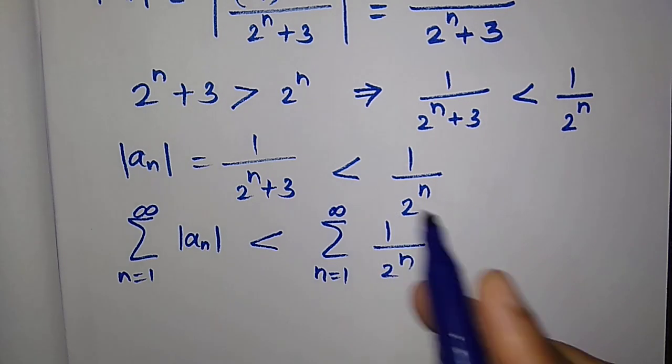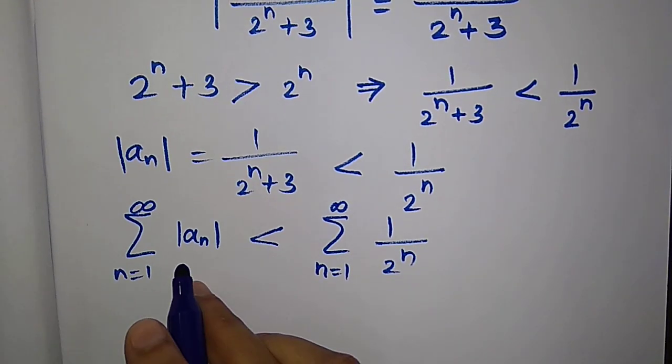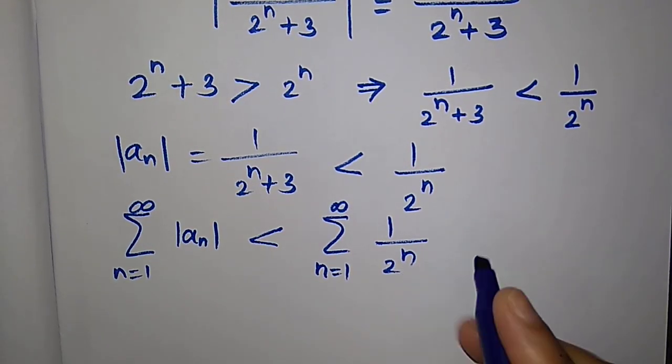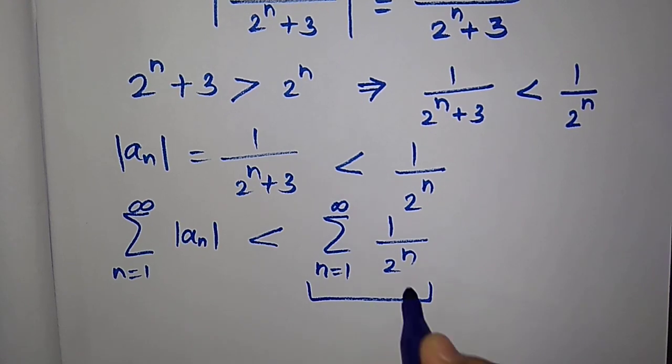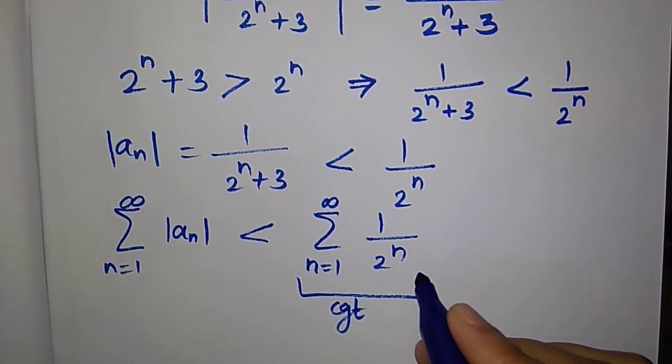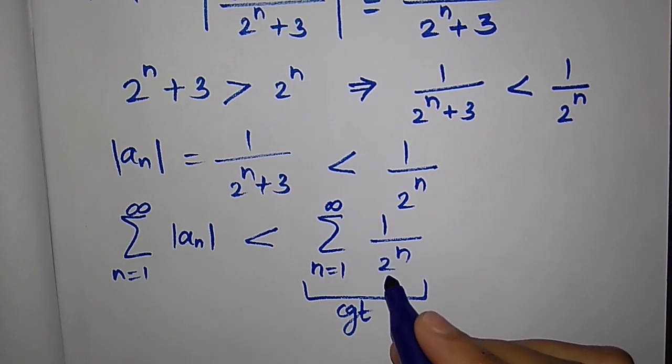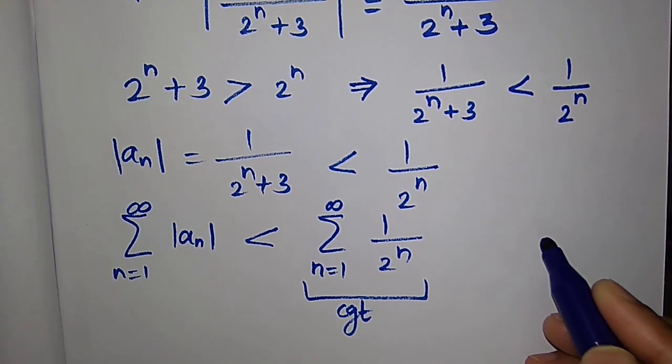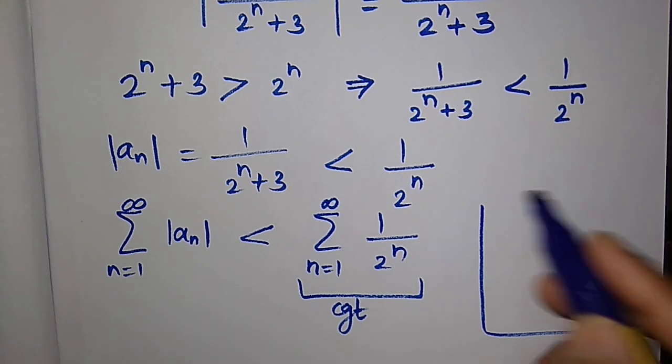Now this series is dominated by 1 by 2^n, and this series is convergent, because it is a geometric series with common ratio 1 by 2, which is less than 1.